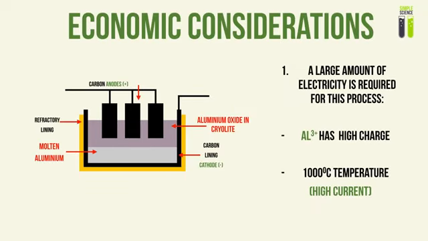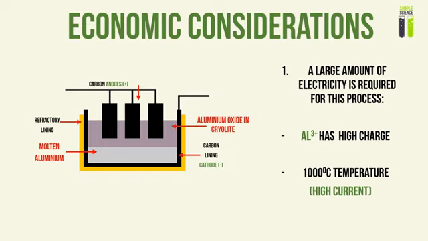The first thing to consider is the huge amount of electricity required for this process, because aluminium has a very high charge for electrolysis. It is a 3+ positive aluminium ion, and the operating temperature for this process is 1000 degrees Celsius.